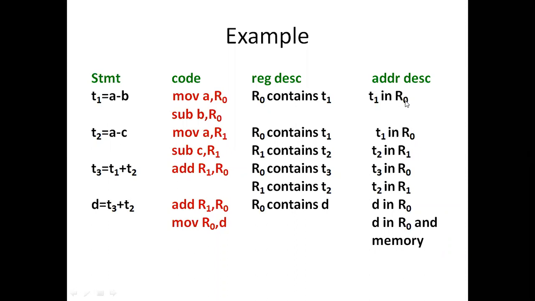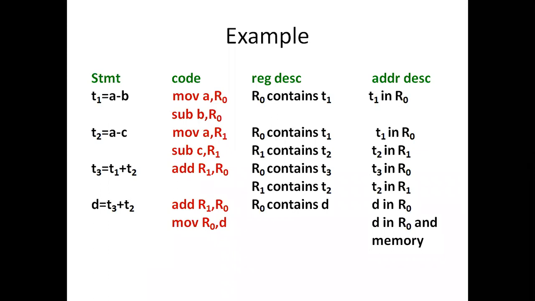The third field defines the location, whether the value of the operand is indicated in storage or in a register. If you know how to represent that table for the given expression in the form of machine code like this, then this is the answer for the simple code generation algorithm.